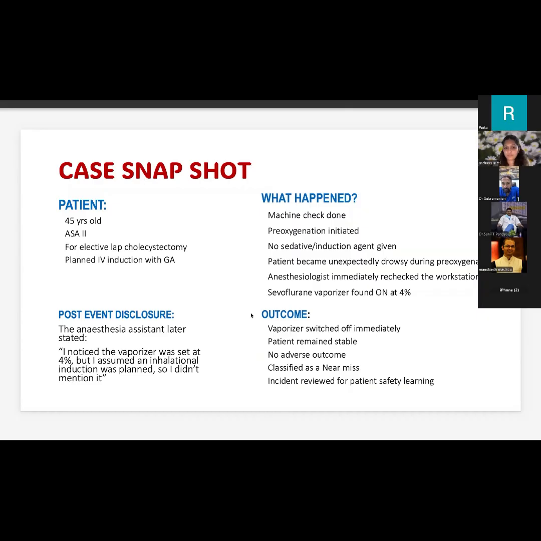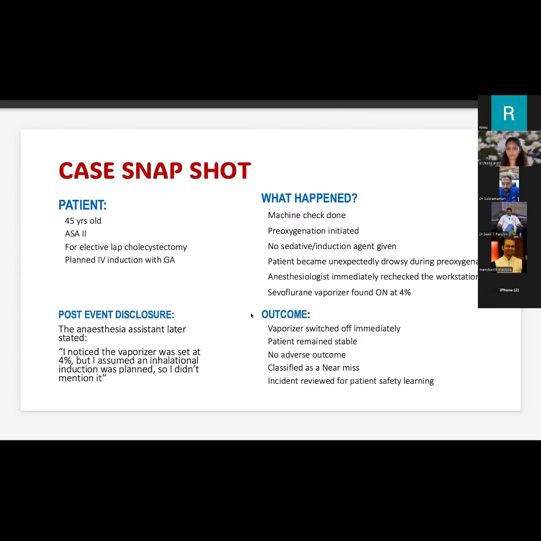Machine check was done, pre-oxygenation was started, no sedative was given, and the patient became drowsy during pre-oxygenation. The anesthesiologist immediately rechecked the workstation and found the vaporizer was on at 4%. After this event, the anesthesia assistant said, I noticed the vaporizer was set at 4%, but I assumed an inhalational induction was planned, so I did not mention it.